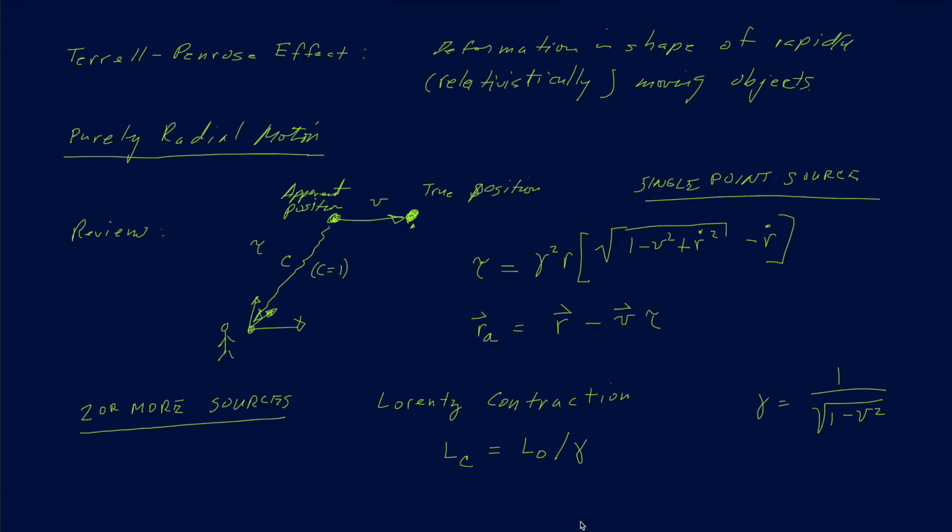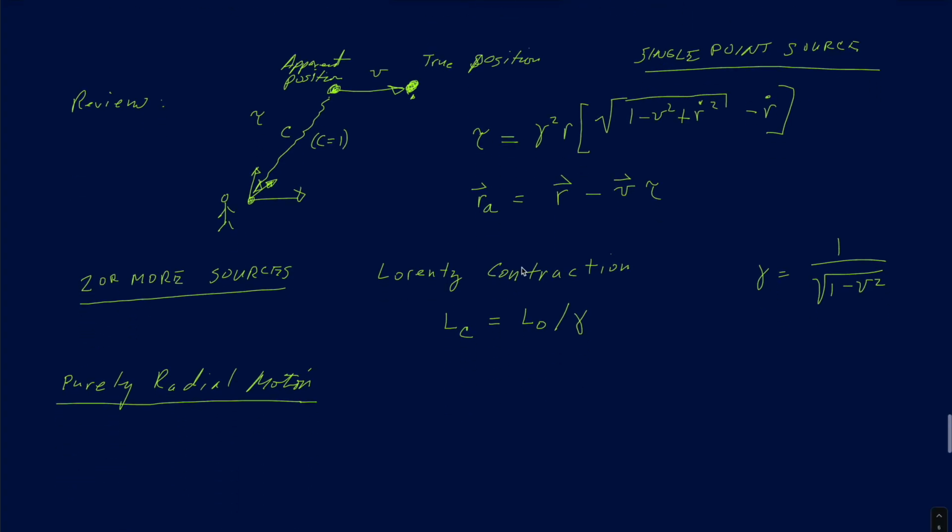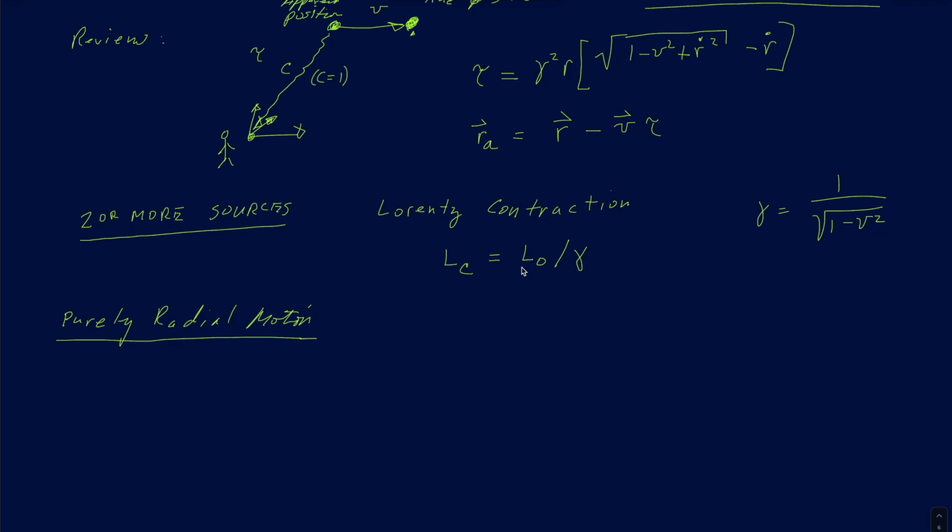Okay, so with that review out of the way, let's now address the case for today, which is the case of purely radial motion. Let's put this down here. Okay, so for the case of purely radial motion, things simplify. We have this equation up here for tau. Again, that's the latency, or if you want to call it the propagation time. And in this case, the simplification is that r dot and v are one and the same.